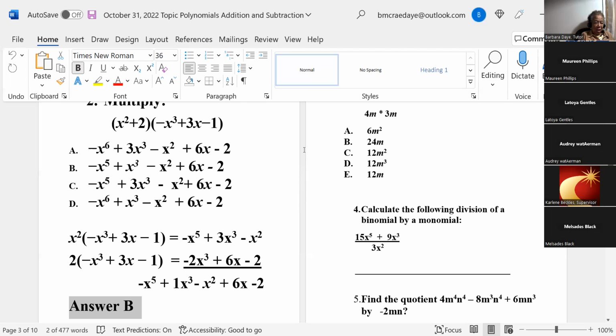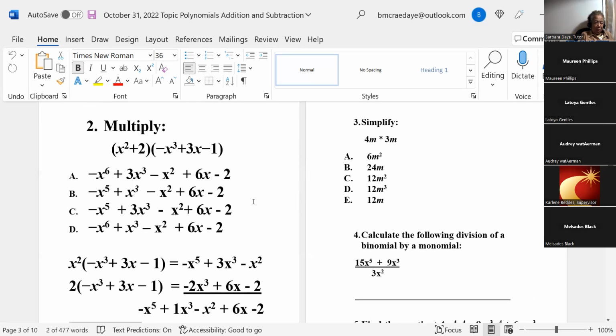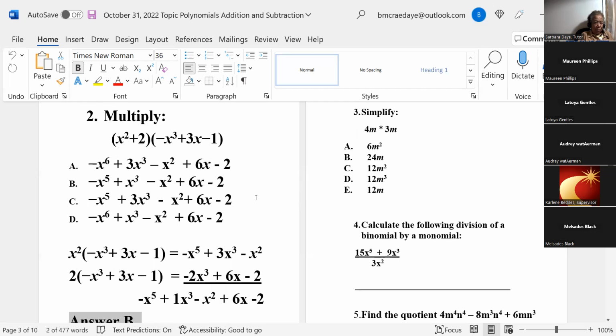Any questions now on multiplying? Yeah, I had it right and they changed it. Audrey, what happened? I said I had it right in the first place, but then I redid it and changed it. Why did you do it over if you had it right? Because I didn't think that it was wrong. What was your answer, Audrey? Which one did you have, A, B, C, or D?